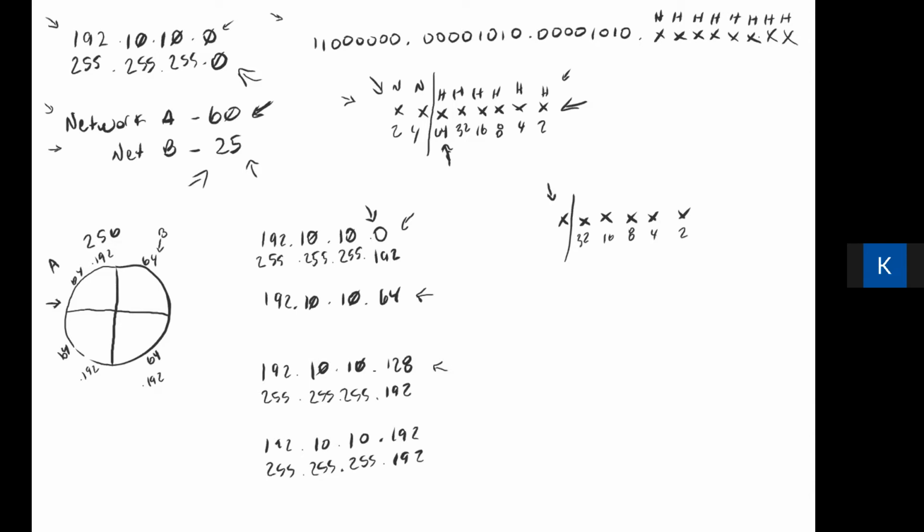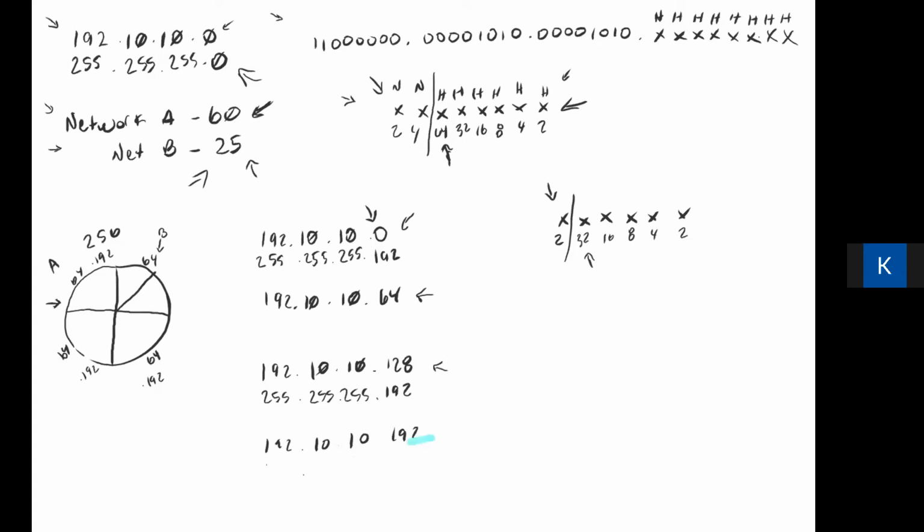So that's going to allow us to borrow 1 bit to divide this network here into 2, right? Well, 1 bit gives us 2 different combinations. Each network is going to have 32 total IP addresses. So a total of 32. 1 is going to be the network ID. 1 is going to be the broadcast ID, leaving us with 30 IP addresses for 25 computers in that network. If we wanted to add 5 more computers, we could.